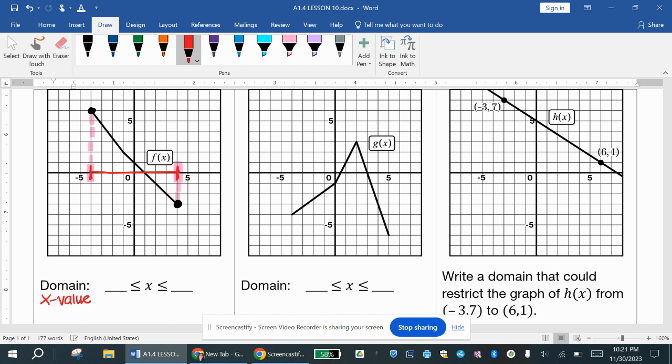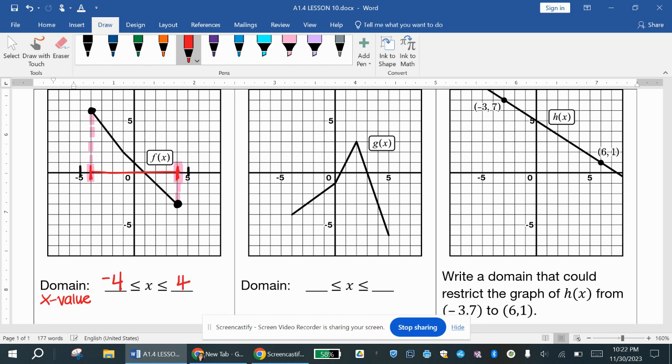Do you guys see that? When I list the domain, I want to list the lowest value. Be careful because it's a little tricky. This one is -5. This one is +5. So if I count 1, 2, 3, 4, it goes from -4 to +4.